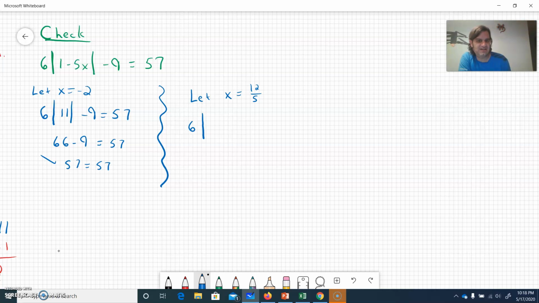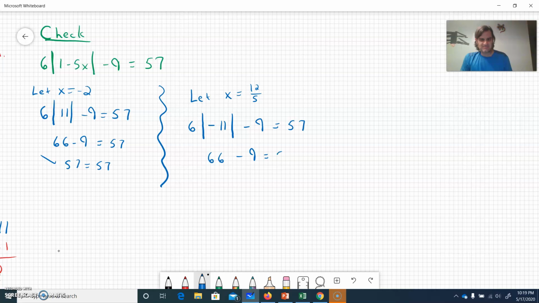The nice thing there is that the 5s cancel out, so I'll have 1 minus 12, so that'll be negative 11 inside the absolute value, and I've still got minus 9 equals 57. The absolute value of negative 11 becomes positive 11, so this becomes 66 when I multiply it by 6.